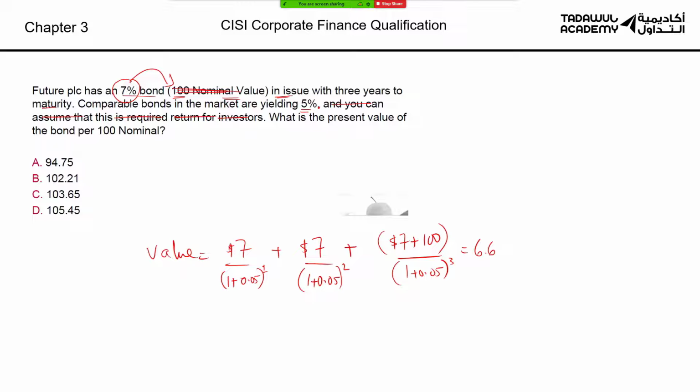So in the first year, 6.67, plus, in the second year, 7 divided by 1.05 to the power 2. The value of that cash inflow is 6.35. In the third year, 107 divided by 1.05 to the power 3.